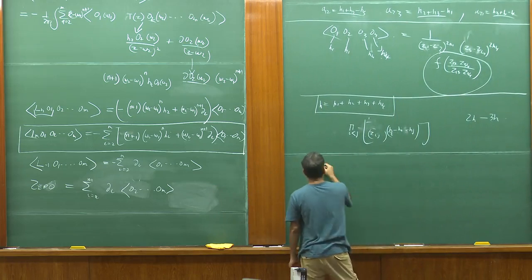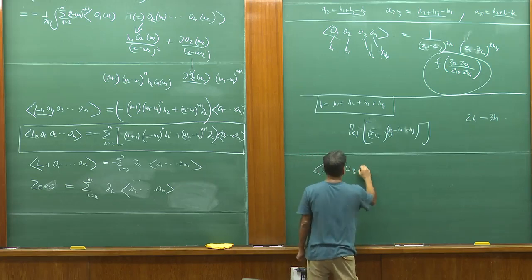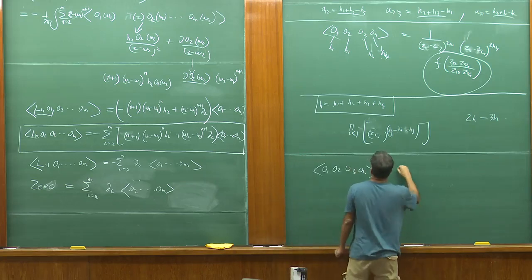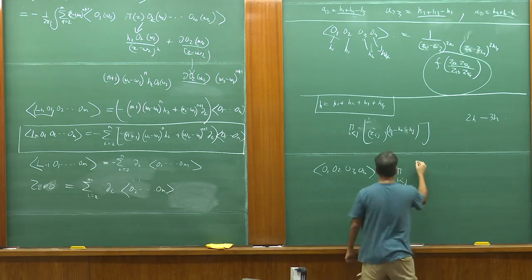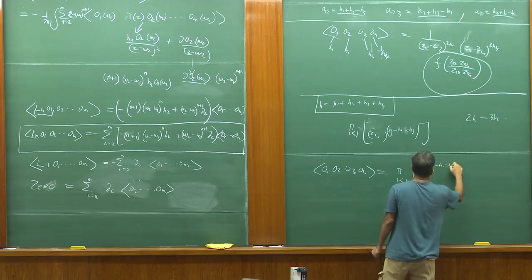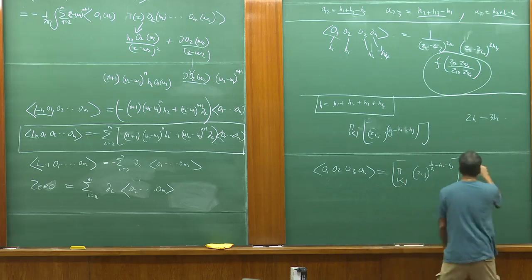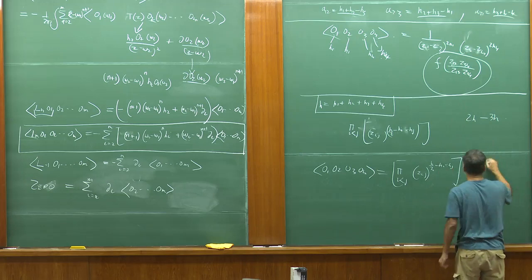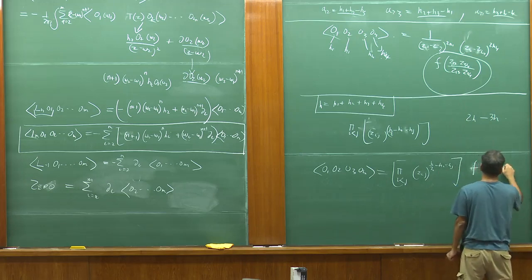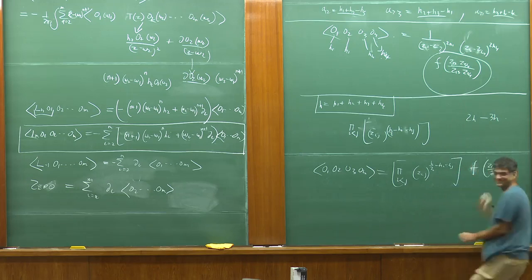So, I claim that there is a way of writing this general factor. The most general correlation function O1, O2, O3, O4 is equal to the product over i less than j of Zij to the power h by 3 minus hi minus hj. This is always true, no restrictions on dimensions, times some function of these cross ratios. Okay, this is the most general case.